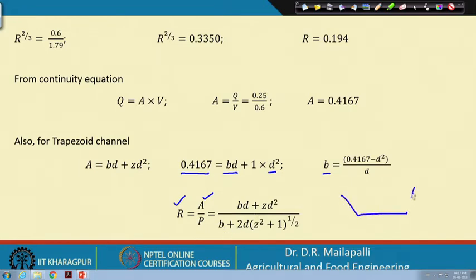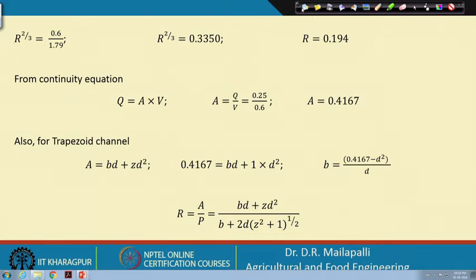The perimeter will be B, this is B, and these lengths, which are part of the triangle. So, these lengths are 2D times the square root of Z square plus 1. So, you get P.